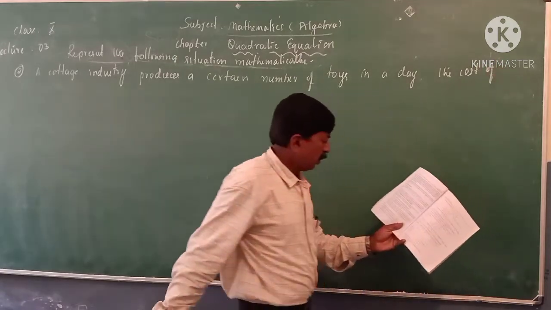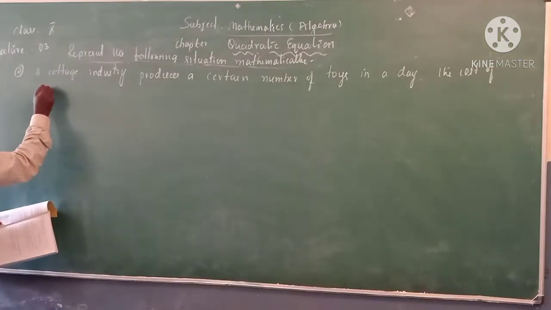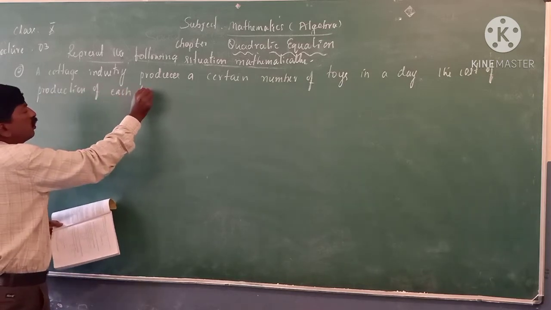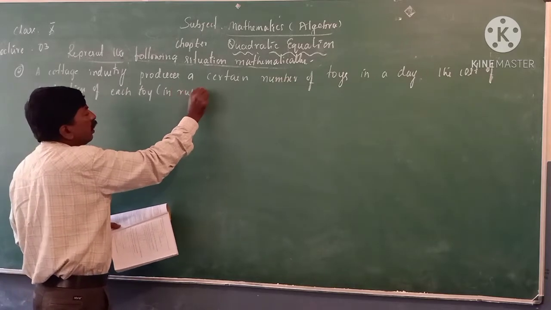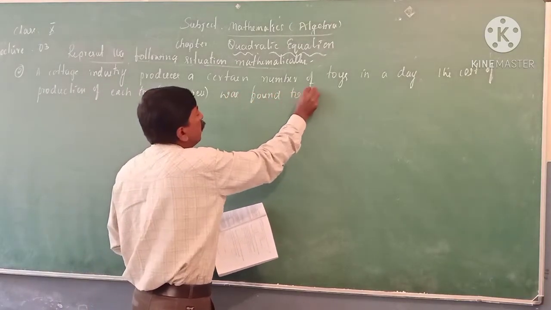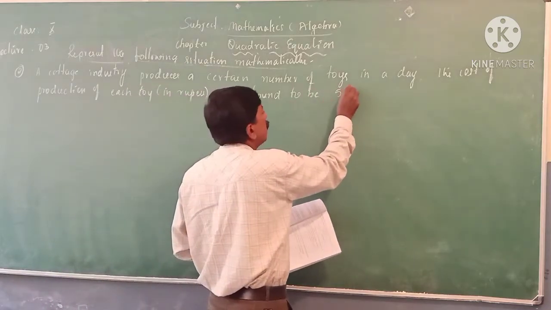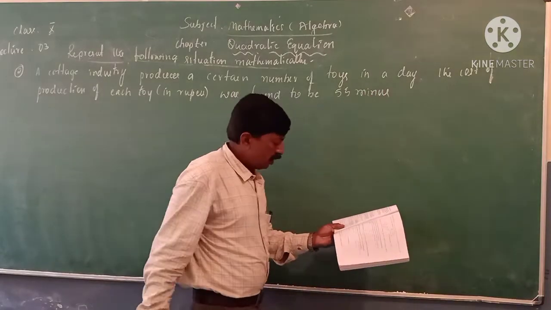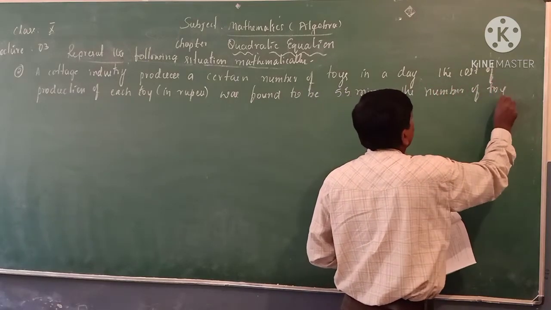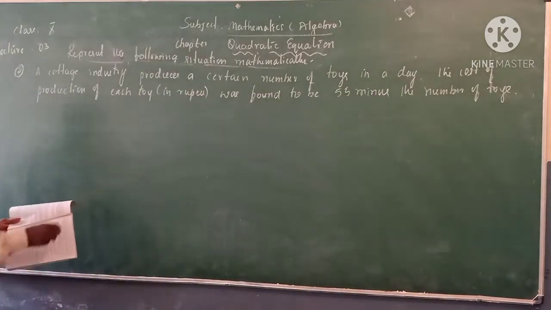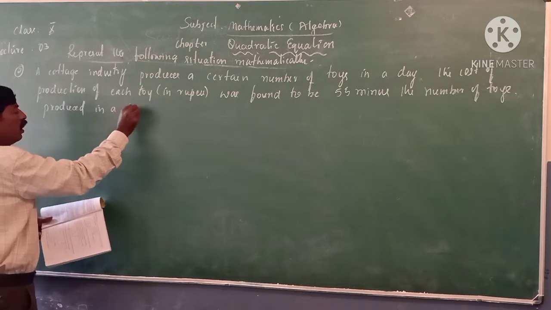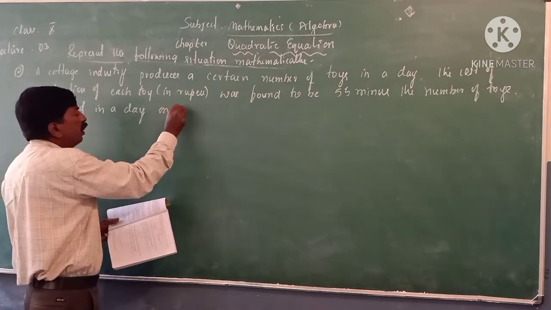The cost of production of each toy, given in rupees, was found to be 55 minus the number of toys produced in a day on a particular day.